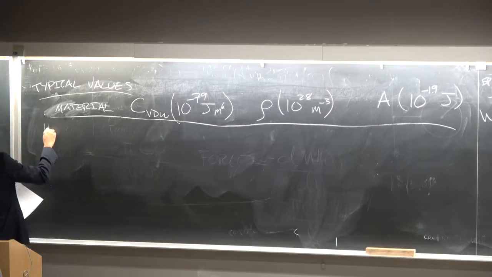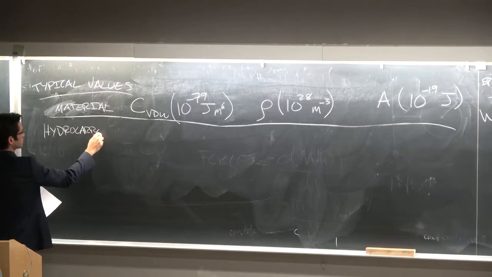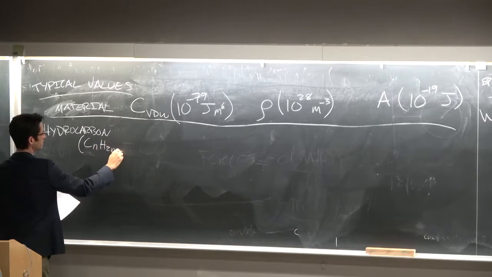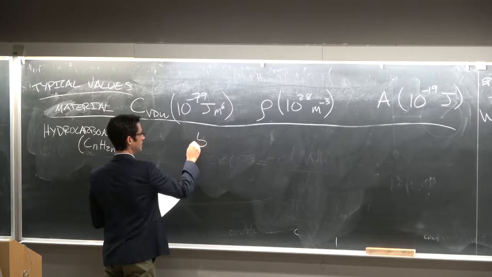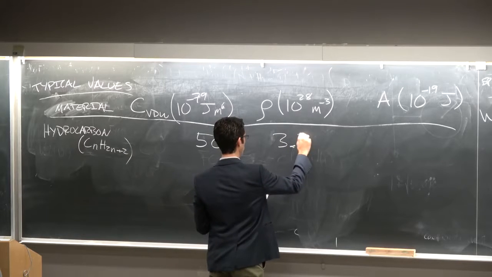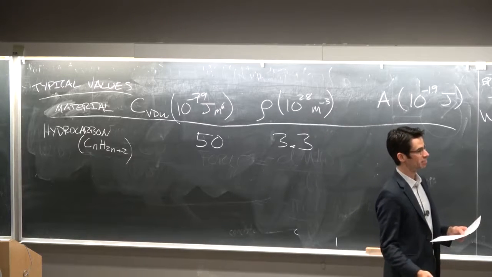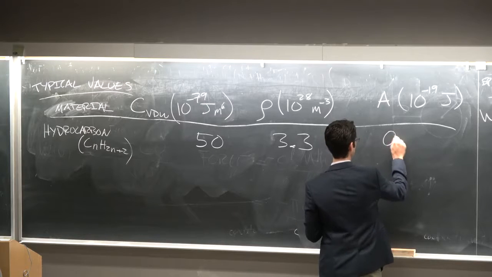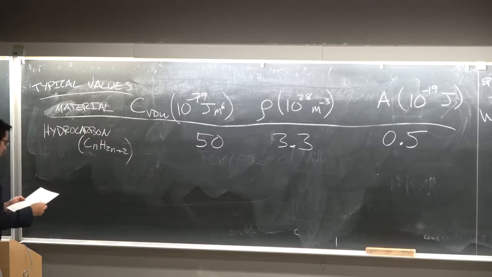So how about a hydrocarbon? And this is CnH2n+2. C Van der Waals, 50, density 3.3 times 10 to the 28, and so pi squared C rho squared gives you a parameter A of 0.5 times 10 to the minus 19 joules.